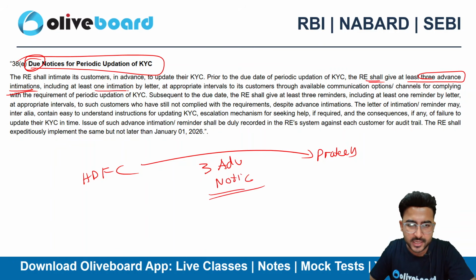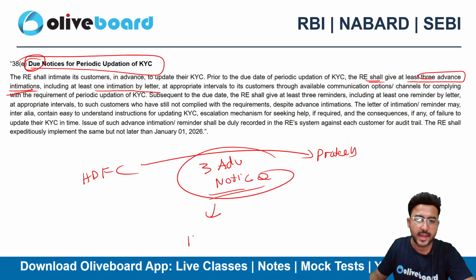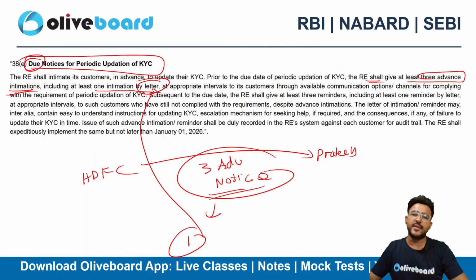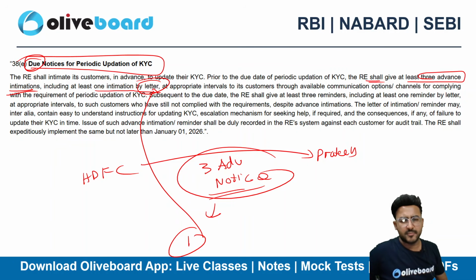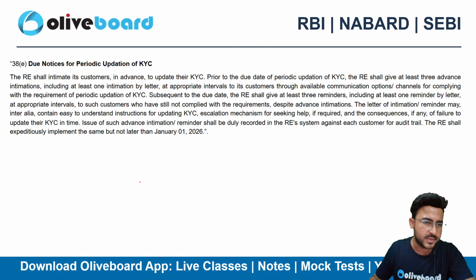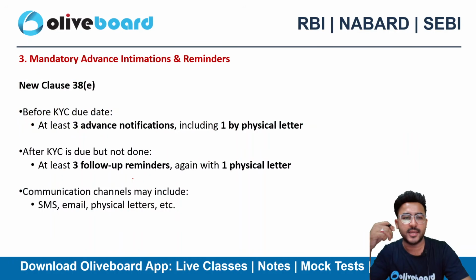Including at least 1 intimation by letter. Out of these 3 notices, 1 should be by letter, by post. The rest, the other 2, can be via email, or other electronic means as well. So that's the bare minimum requirement for the regulated entity, right?